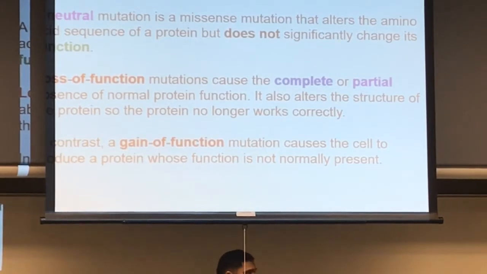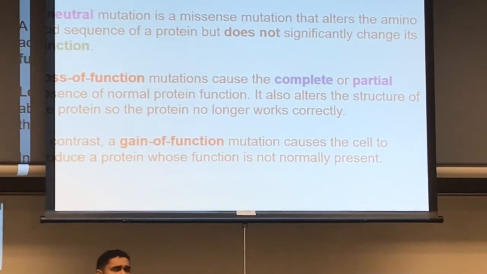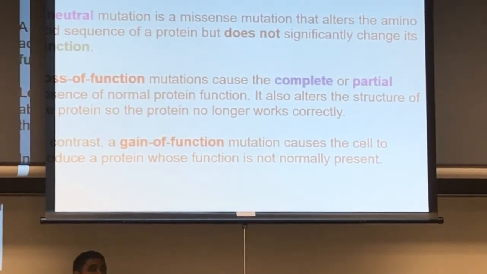Where is gain of function? Let's say one nucleotide is changed, all of a sudden, which leads to the activation of a gene, and that gene is actually a transcription factor, for example. Now that transcription factor was not supposed to be expressed in those cells. Suddenly it's expressed because that one mutation has caused the transcription factor to be expressed. Now this transcription factor binds to the genes and leads to gene expression.